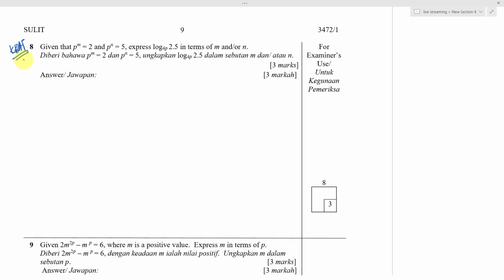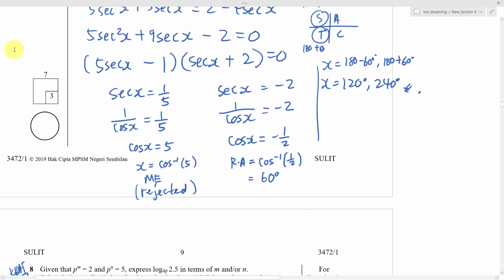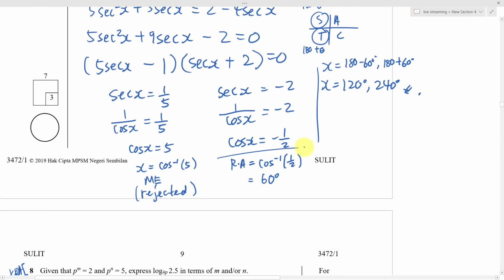Why does the value change from negative to positive? Okay, because I want to find the reference angle. Here you see I didn't write x, right? Because I'm not finding x. If I were finding x, I cannot simply change to positive. I want to find the reference angle first. Reference angle means the angle in the first quadrant.